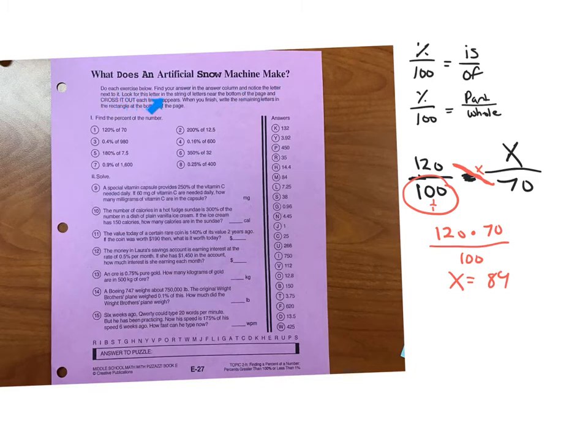Look for the letter in the string of letters near the bottom of the page and cross it out each time it appears. When you finish, write the remaining letters in the box. Okay, so I'm going to cross out an M right there. And that one's done. Okay, so this one was 84.